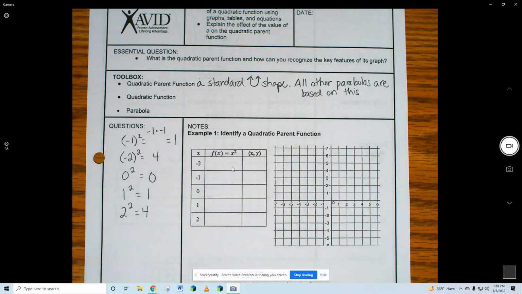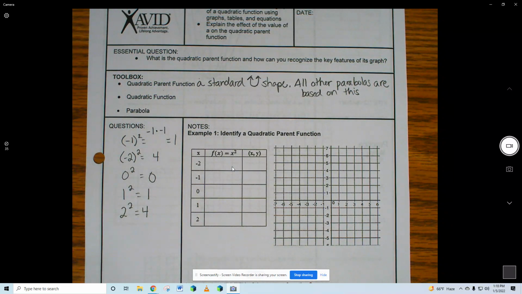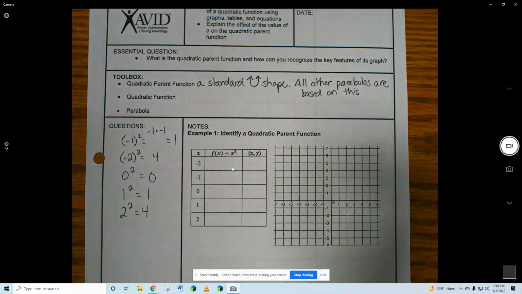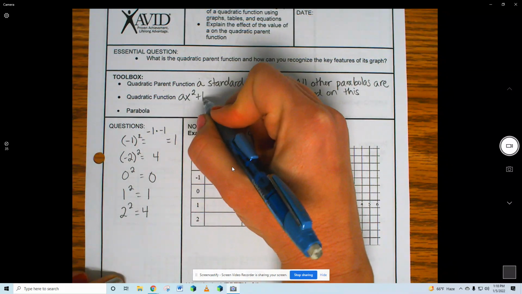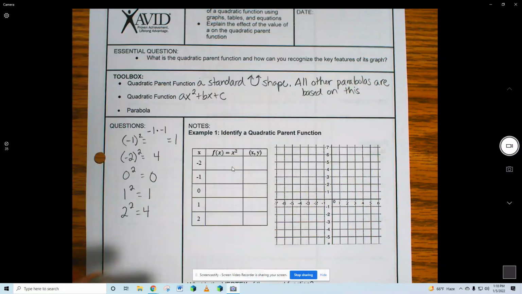All the other parabolas are based on this one. A quadratic function is ax squared plus bx plus c.